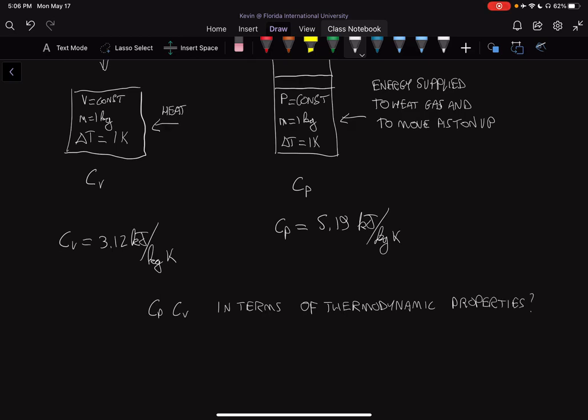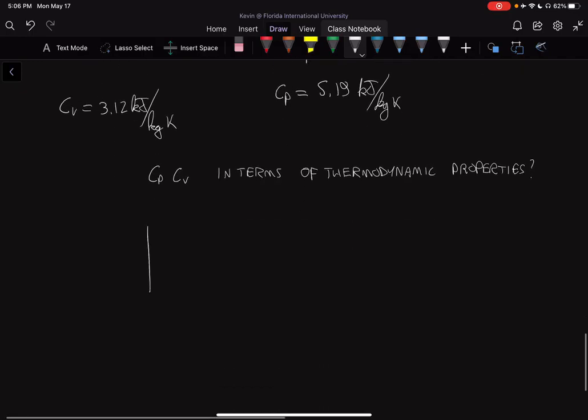Well, let's look at the constant volume system first, Cv. We already kind of alluded to it. Now in this constant volume system, if we add some energy to the system, so let's say our heat goes up, then we know that our temperature is going to go up. And therefore, since we increase the temperature and energy, we increase the internal energy.